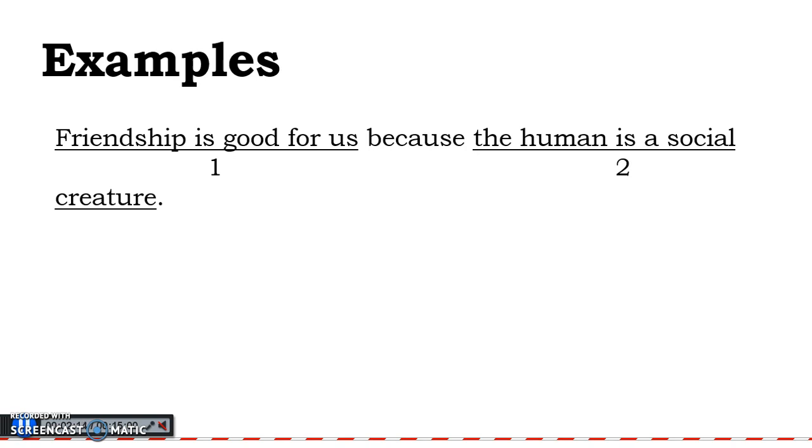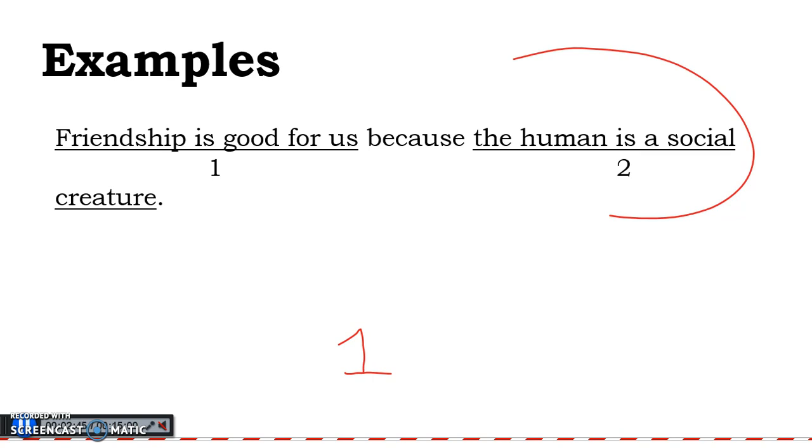Between these 2 assertions, I decide which is the ultimate claim, what's ultimately being asserted. Number 1. That's what's ultimately being claimed. Friendship is good for us. So, I draw a 1 at the bottom of my workspace. Then, I look at the second statement, the human is a social creature. I see that that's being linked logically to the claim. It's a supporting reason.